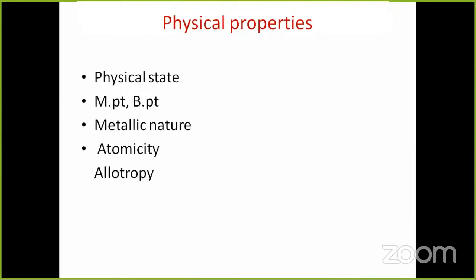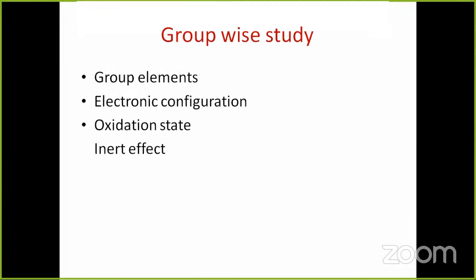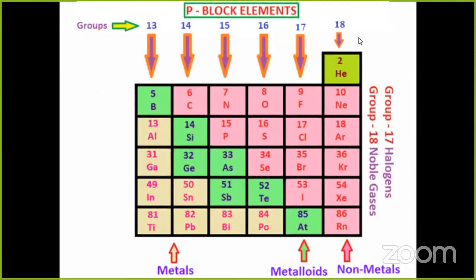And the next one is melting point and boiling point. The melting and boiling point depends upon the molecular weight and the internal forces between atom to atom. For example, you see these elements, you come to the group elements. You know the carbon allotropes, many allotropes are there. So the best allotrope is diamond.